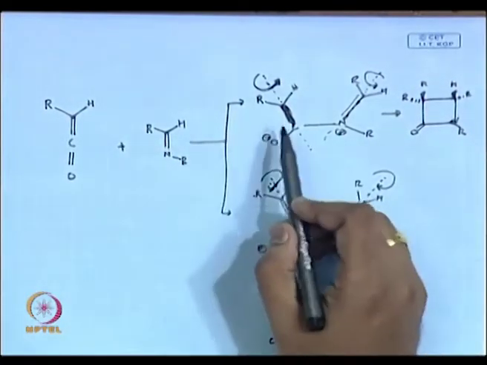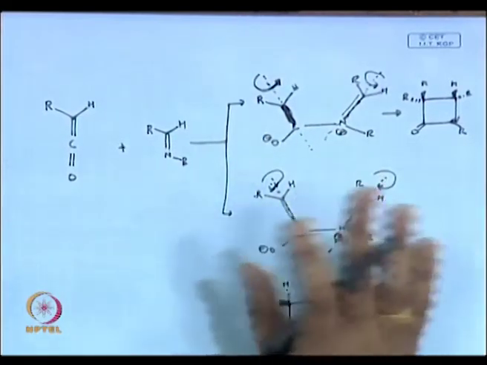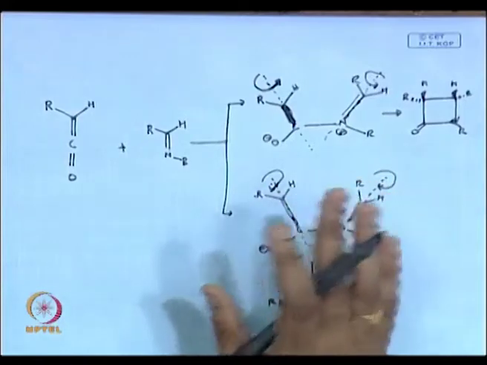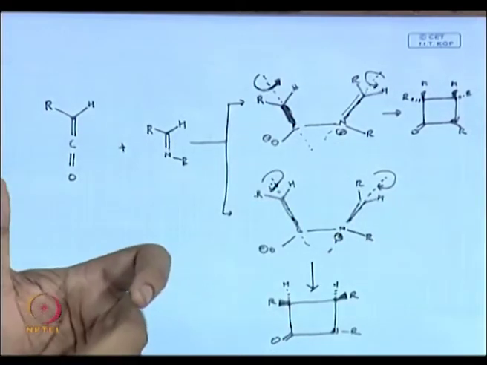You can, because it's conrotatory. You can favor one side of rotation by using different substituents. If you change the substituents and favor only one rotation, you allow this rotation and don't allow the counterclockwise rotation, by placing the substituents like that, then you can end up with 98-2. That's the control you get.